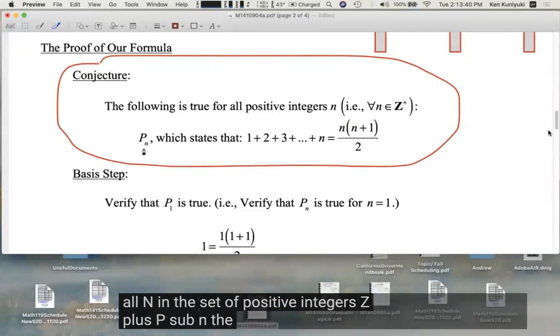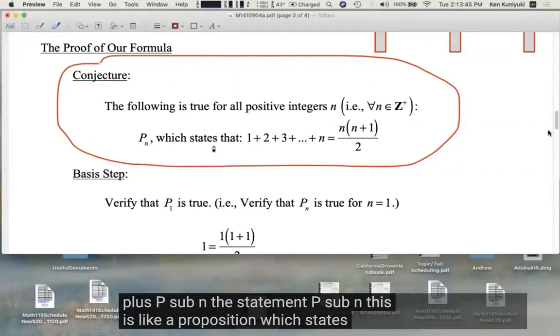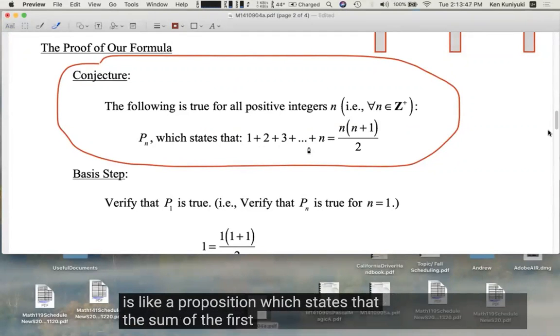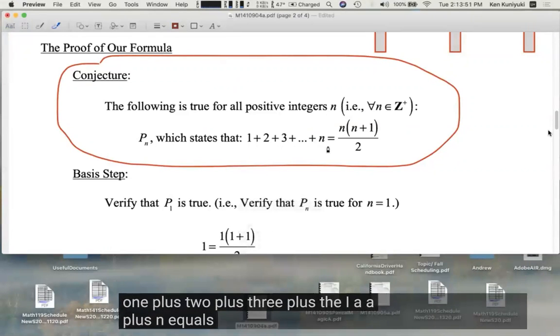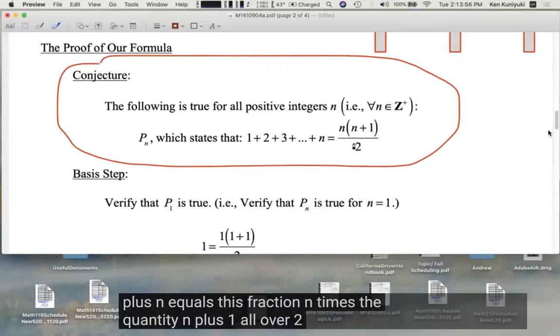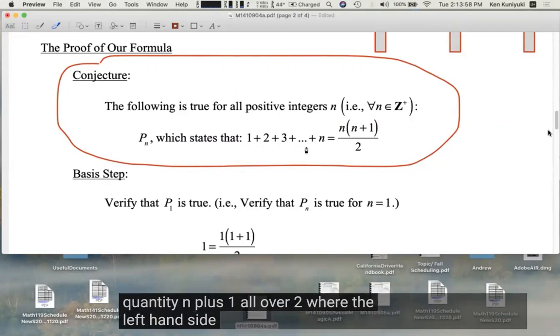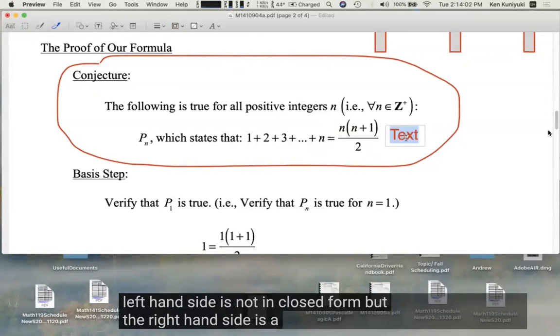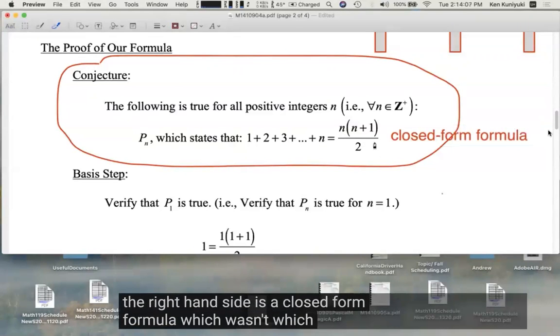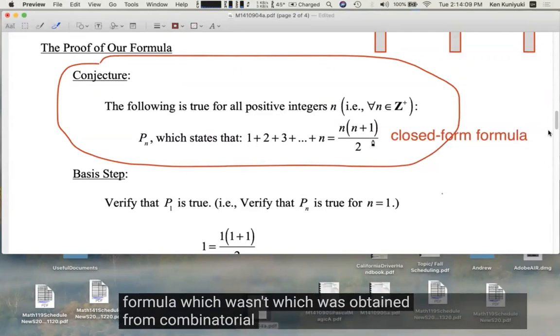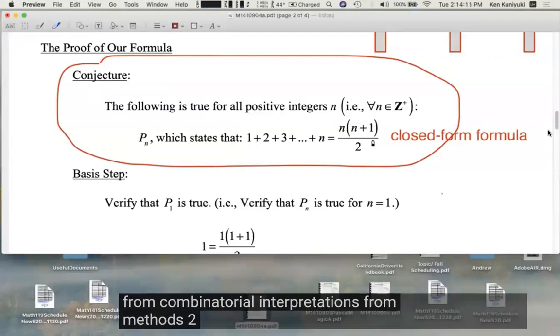The statement P sub n, a proposition, states that the sum of the first n positive integers, 1 plus 2 plus 3 plus and so on plus n, equals the fraction n times the quantity n plus 1 all over 2. The left-hand side is not in closed form, but the right-hand side is a closed form formula, which was obtained from combinatorial interpretations from methods 2 and 3.